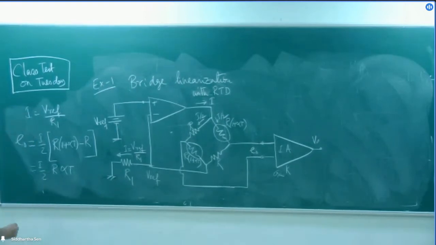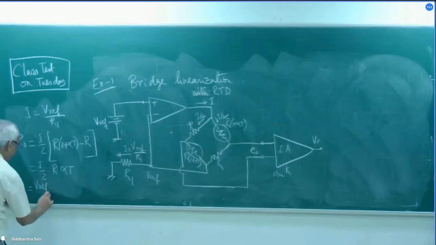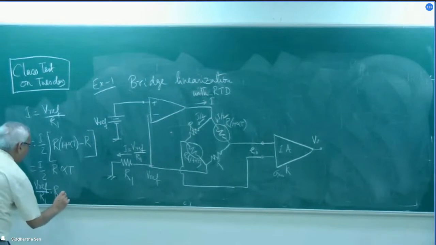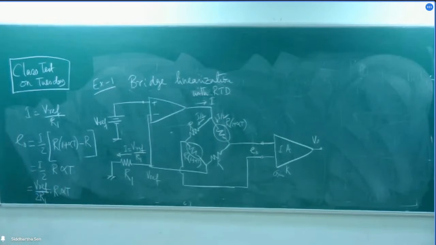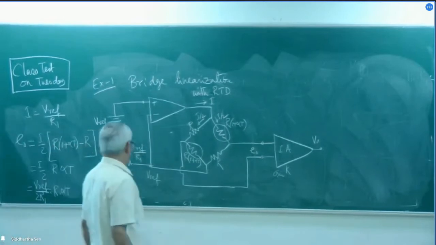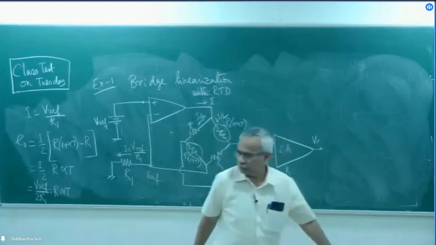And what is I by 2? It is Vreference divided by 2R1, into R into alpha t. So it is simply proportional.